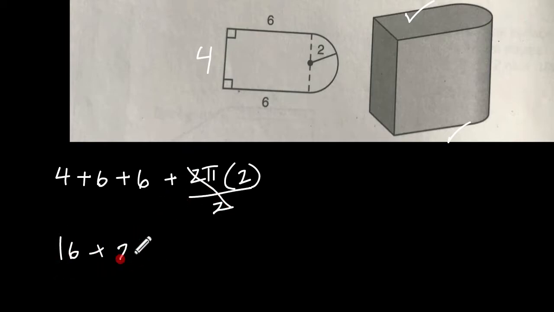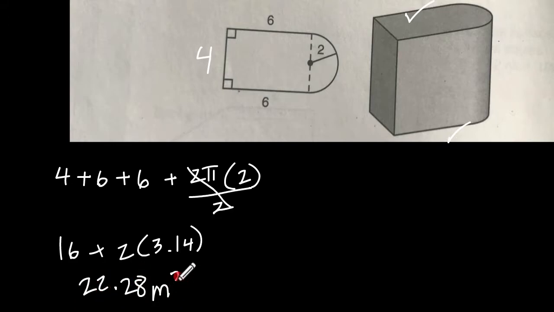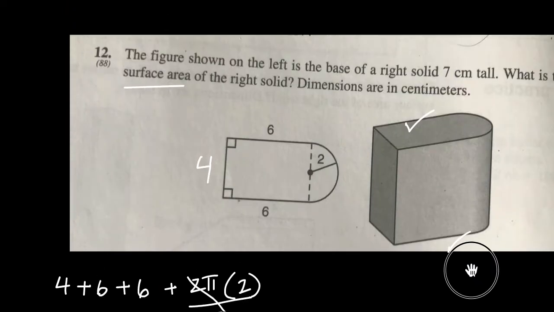So it's going to be 2 times 3.14, which is 6.28, plus 16 is 22.28 meters squared. I actually forget what the units are.